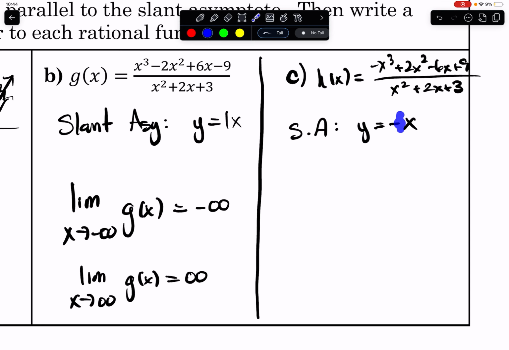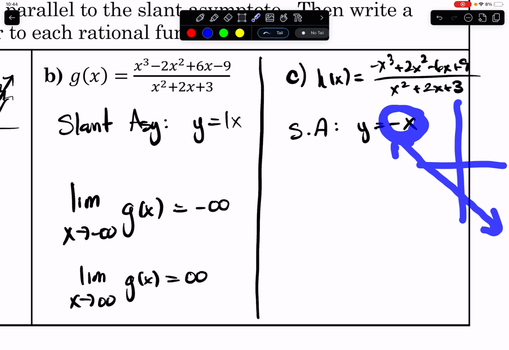But because they're parallel, they're both going to have a slope of negative 1, which means that the slant asymptote is going to be going downwards, whether the y-intercept is there or down here. This line has a negative slope, so whatever the slant asymptote is to this, it's going to have that exact same slant, the same slope of negative 1.